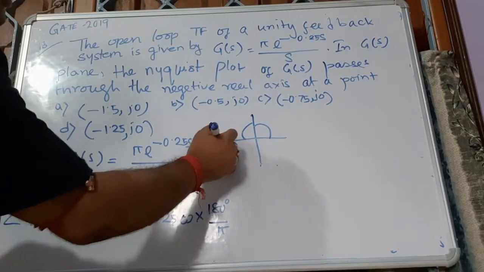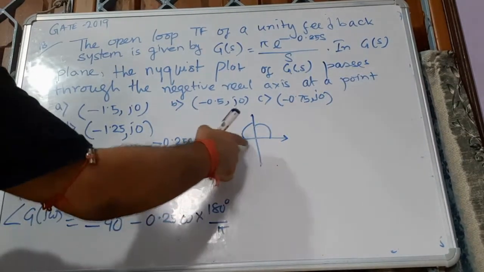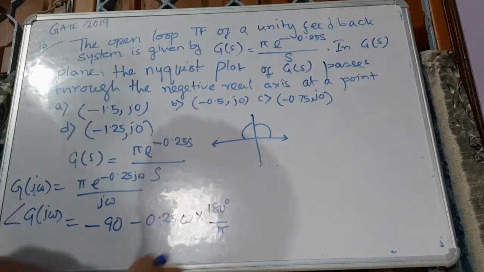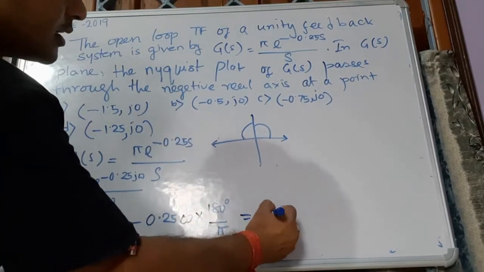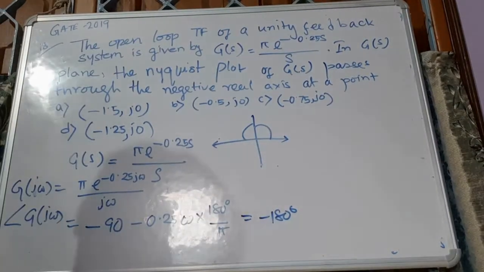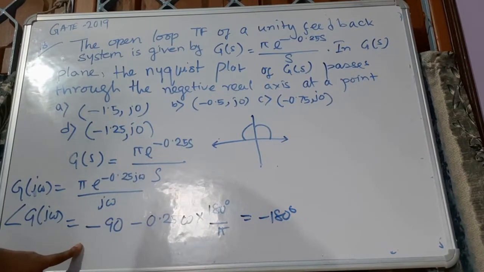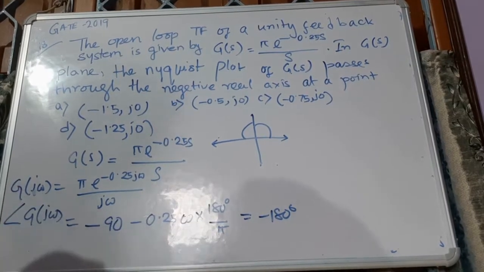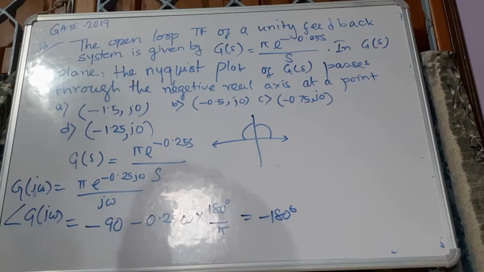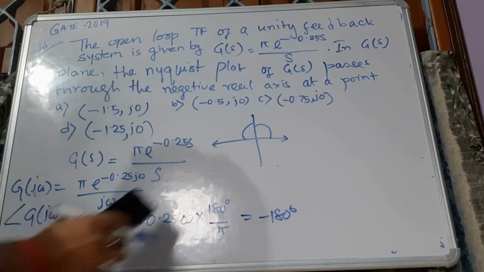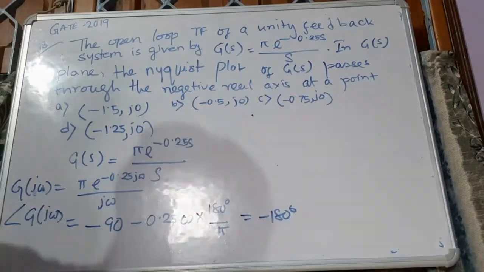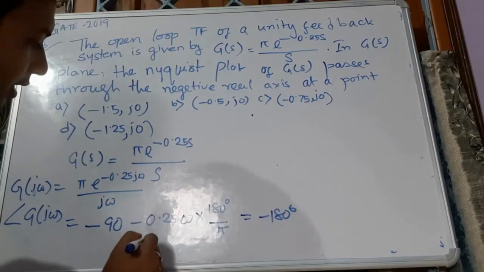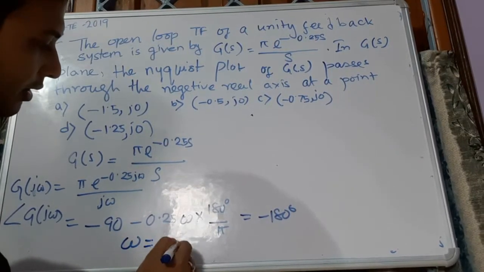So the condition for the negative real axis will be minus 180 degree. Then if I solve this, we will get omega equals twice pi.